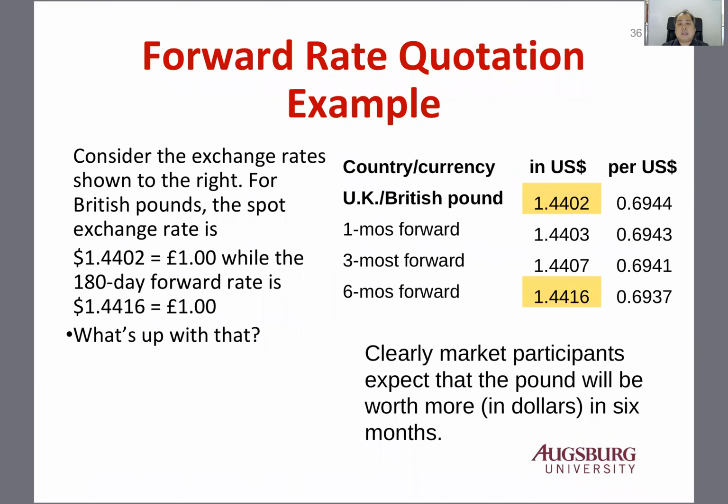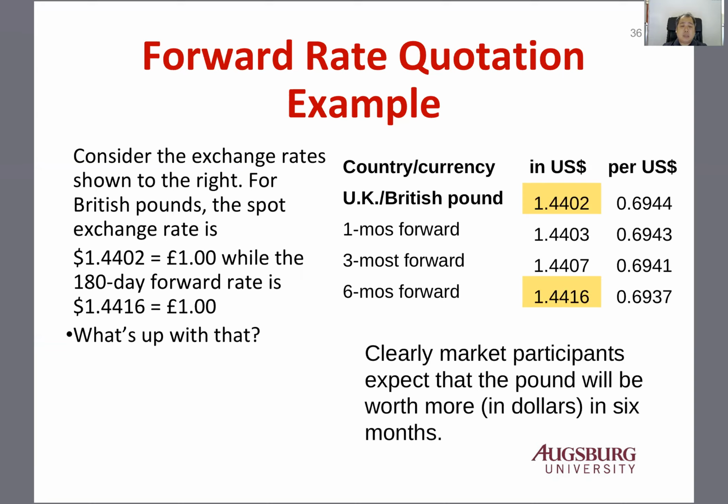So this is an example of a forward rate quotation. Consider the exchange rate shown to the right: 1 month, 3 months, 6 months forward. The first column is in US dollars per pound, and the second column is pounds per US dollar. For the British pound, the spot exchange rate is $1.4402 per pound, while the 180-day forward rate is $1.4416 per pound.